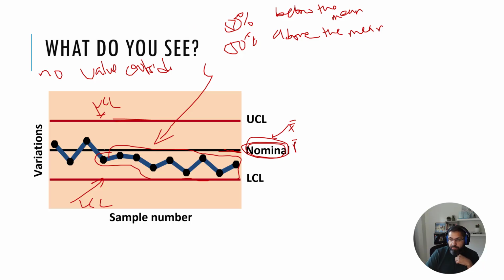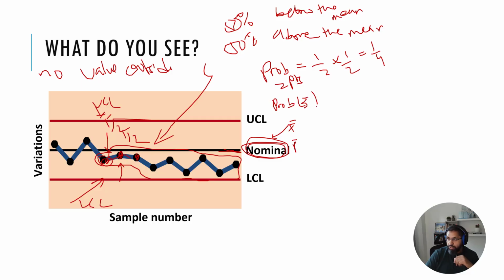So the probability of observing this point below the mean is a half. Then the probability that this point is also below the mean is a half. So the probability of observing 2 points consecutively below the mean is a half multiplied by a half, or 1/4. Now we have a third point consecutively below the mean. So what's the probability that we get 3 points consecutively below the mean? That's going to be a half times a half times a half. That's 1/8. Pretty small number.